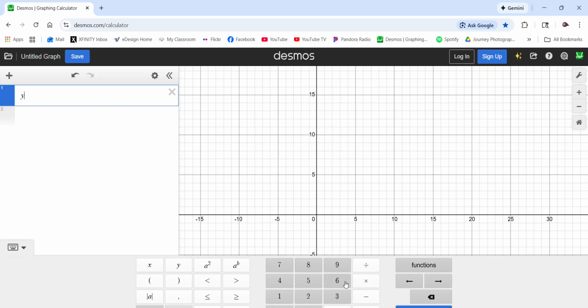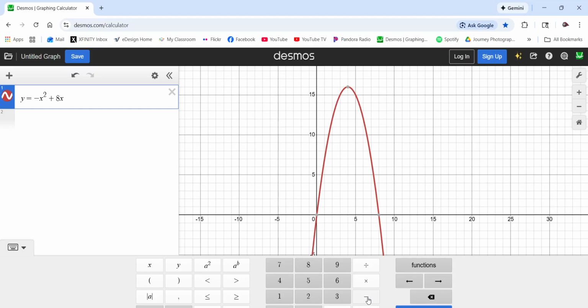So it's y equals, remember, -x squared plus 8x. No, it's just -x squared. I have the worst memory ever known to man. -x squared plus 8x minus 10.